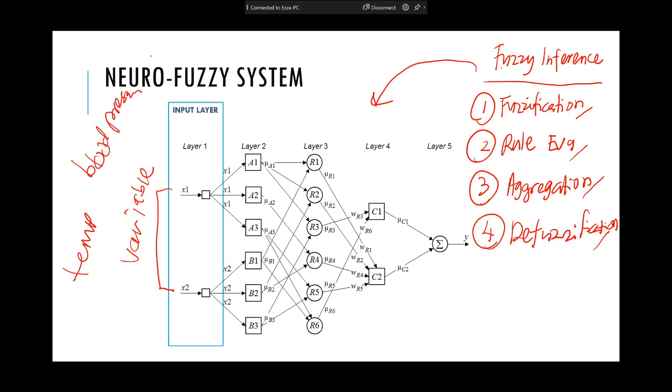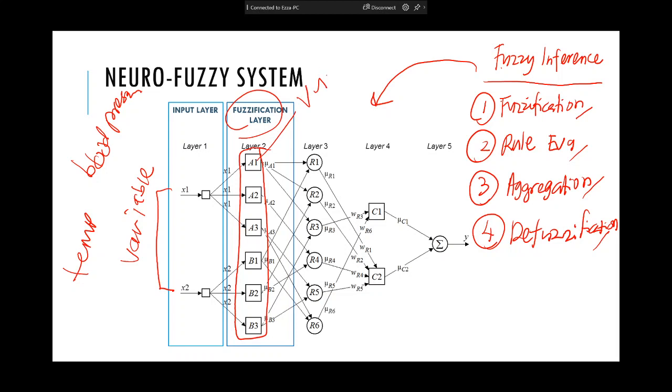Okay, so layer 2 is the fuzzification layer, and all of this will represent the fuzzy values, right? So say you have temperature, possibly the values would be cold, medium, and also hot, representing A1, A2, and A3 here.